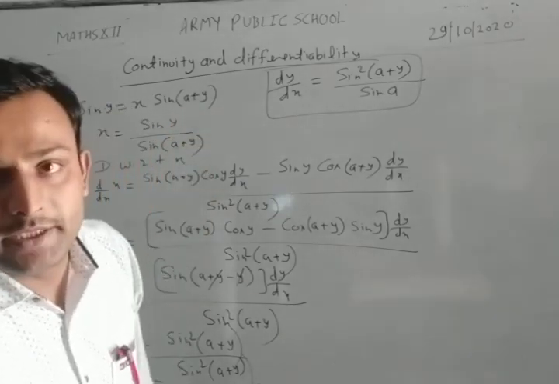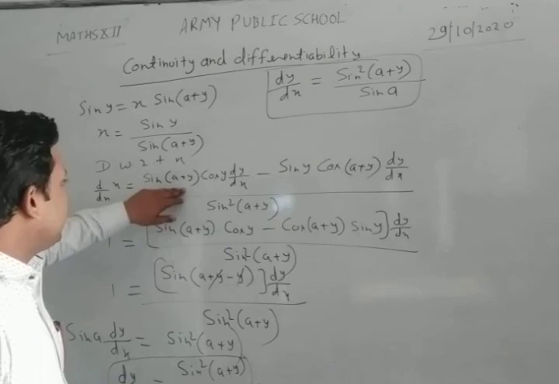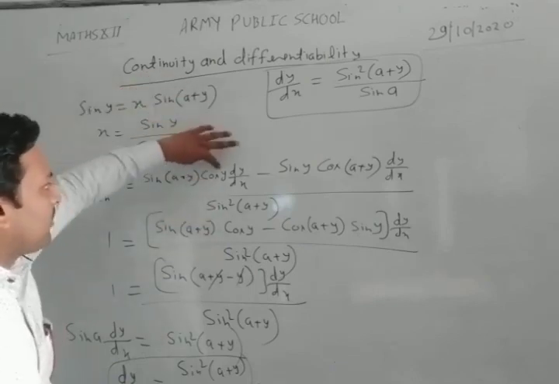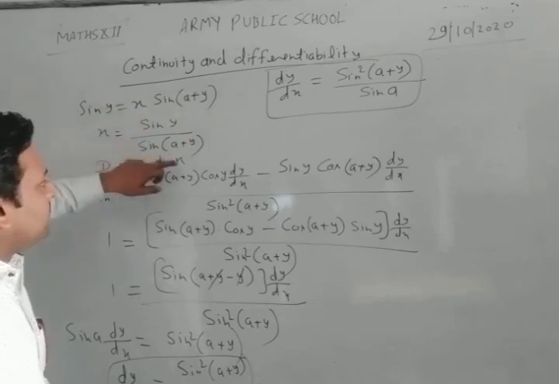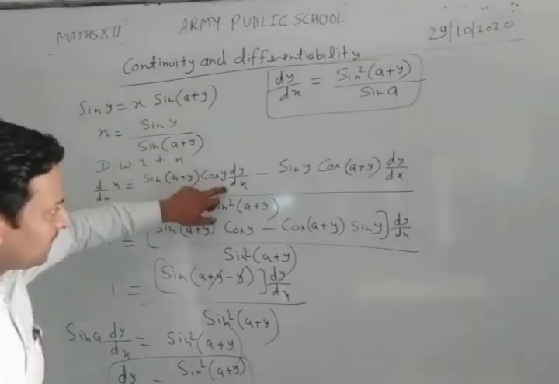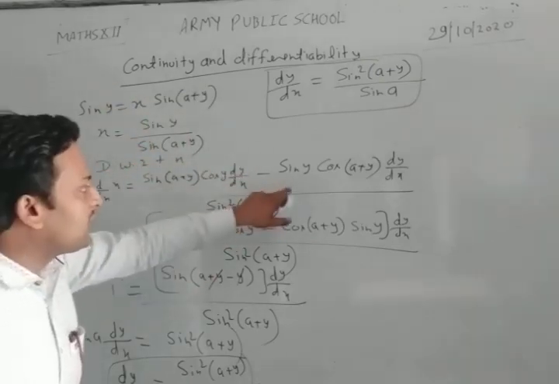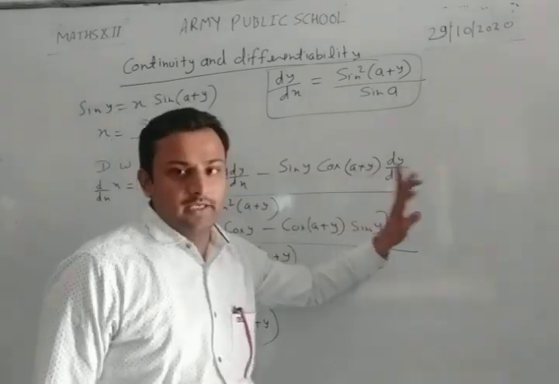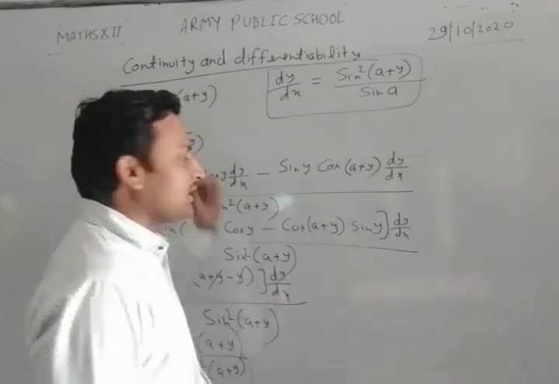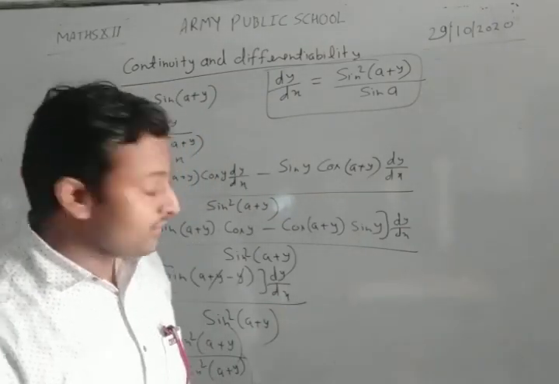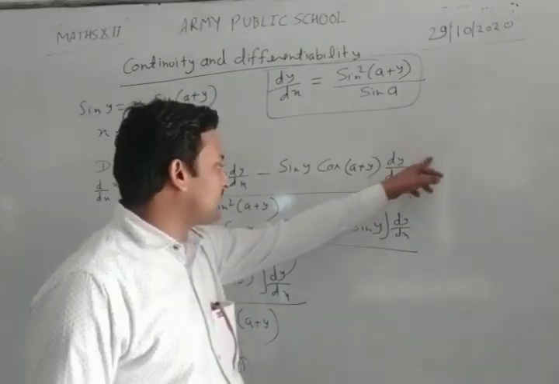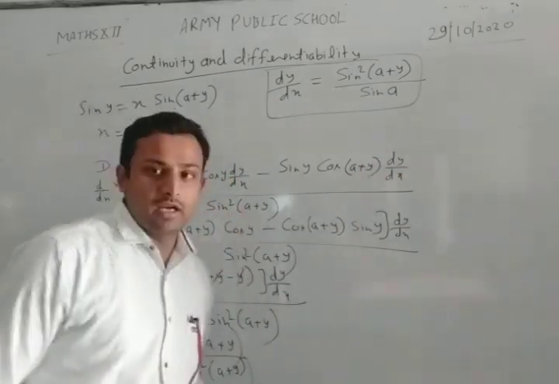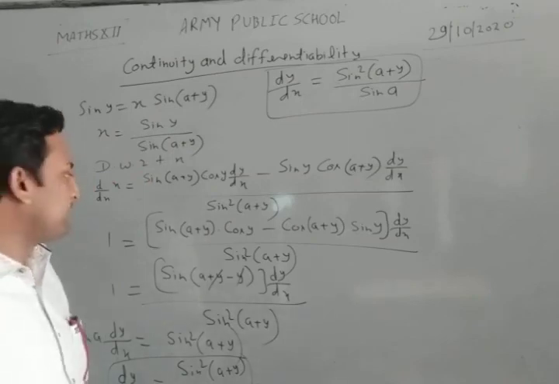So we apply the quotient rule here, d times differentiation of n, so the differentiation of sin y will be cos y. Actually we are differentiating with respect to x, so we take dy by dx, minus n times differentiation of d, we write cos(a plus y), and this is again a function of y, and we are differentiating with respect to x, so we write dy by dx, divided by sin square(a plus y).